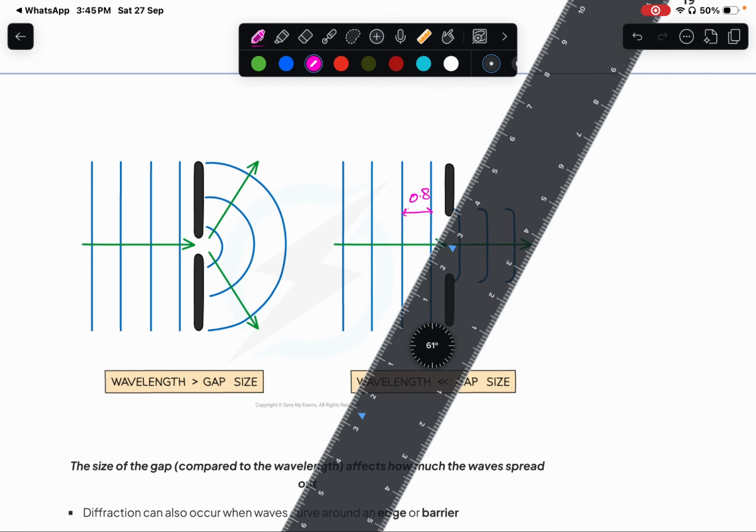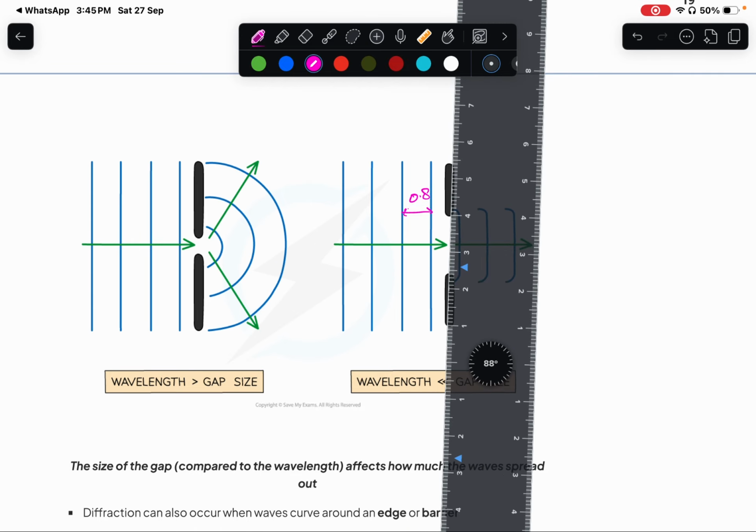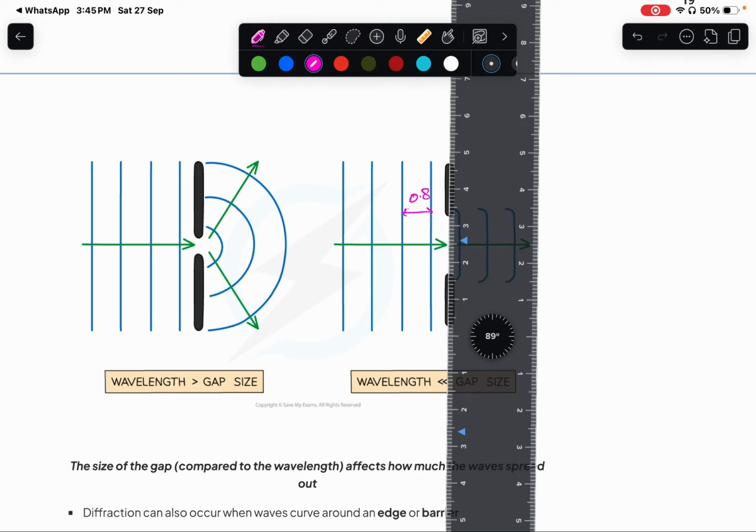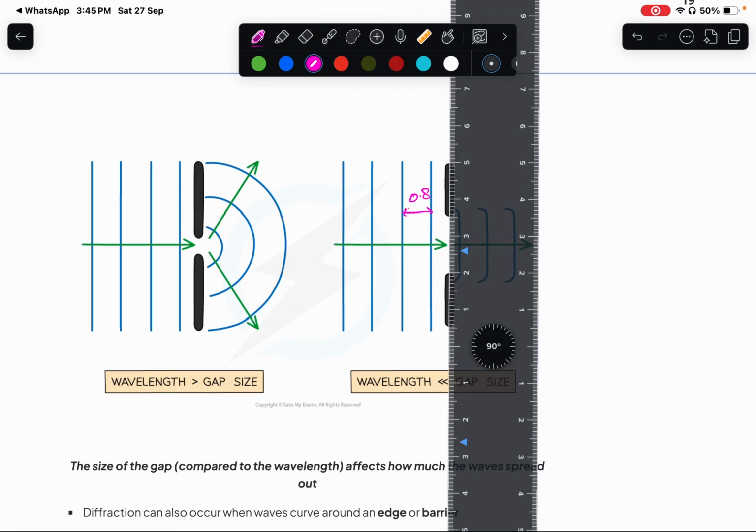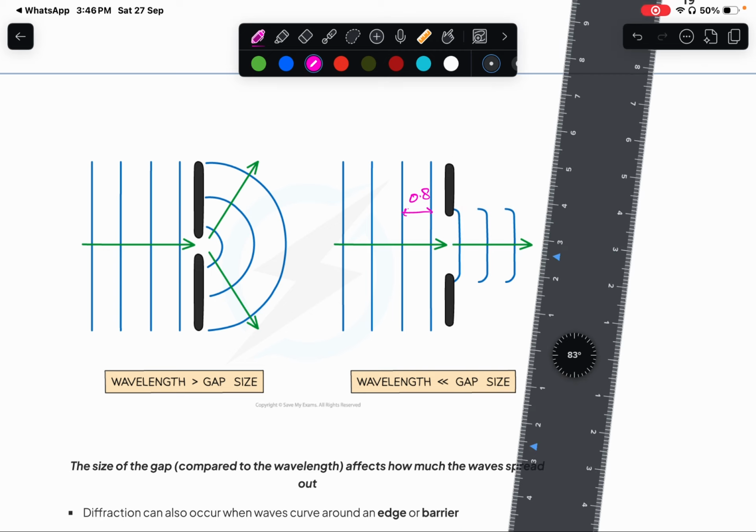And if we check the length of this gap, it is almost 1.5. So this gap size is 1.5. Obviously, our wavelength is smaller than the gap size.